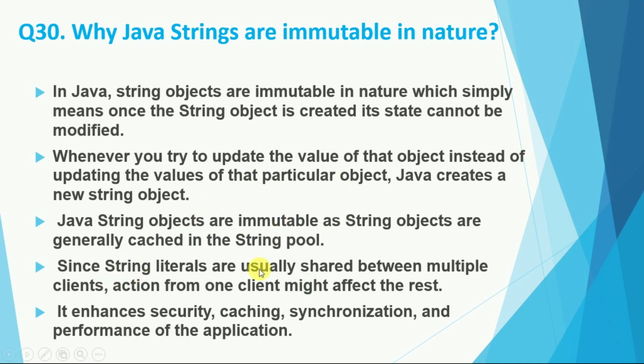So there is a safety purpose, relating to client and database interaction, modification and security. String literals are usually shared between multiple clients. That's why they are immutable, since an action from one client might affect the other clients. If multiple clients interact with a particular application, then to protect against changes between different databases for the same reference, we need to use string literals as immutable, because an action from one client might affect the rest.